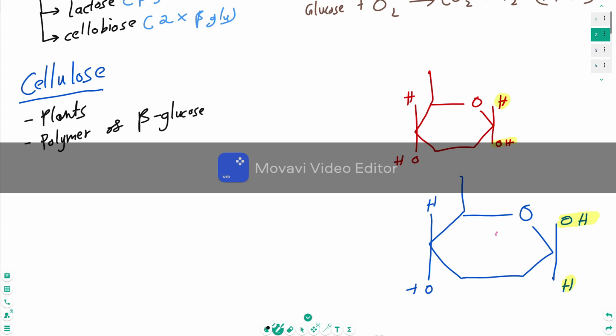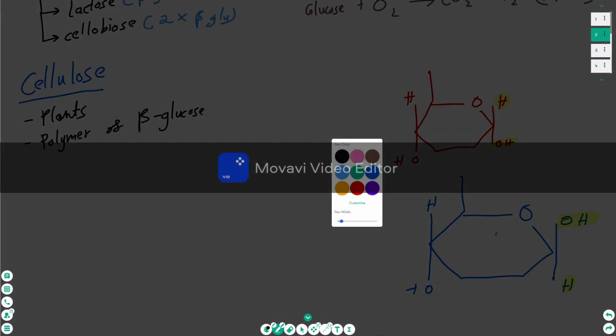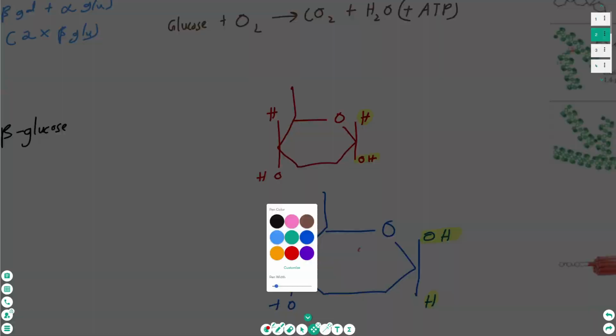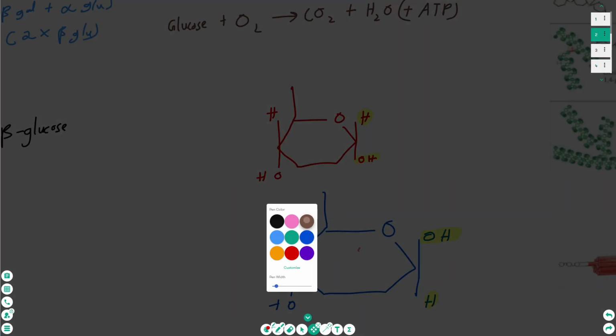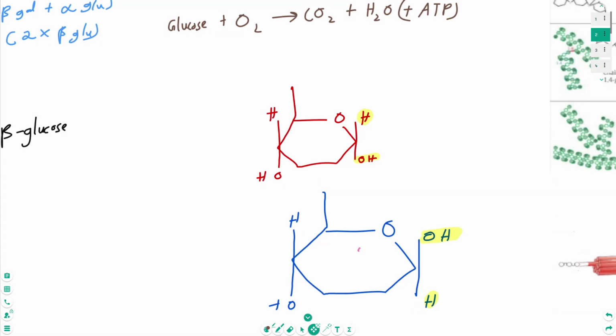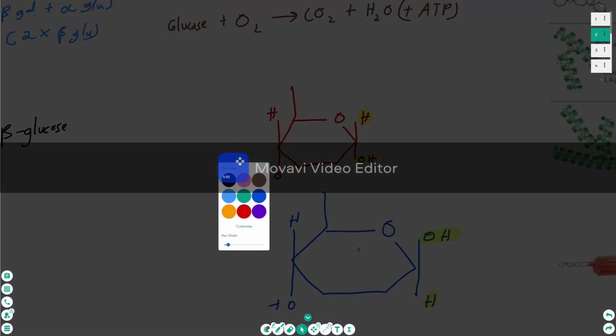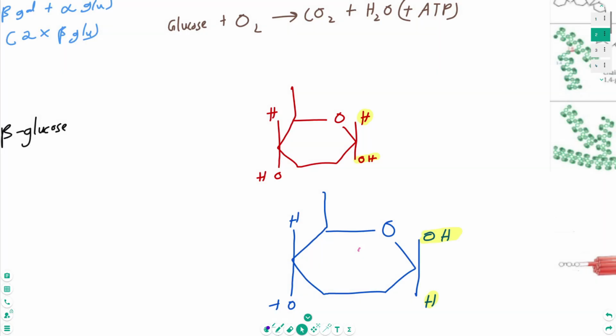And I've got structures here to show you again what that means. So this is alpha glucose over here. You can see here that this OH is facing in the opposite direction. I don't want to use brown because I have brown up there, so purple.